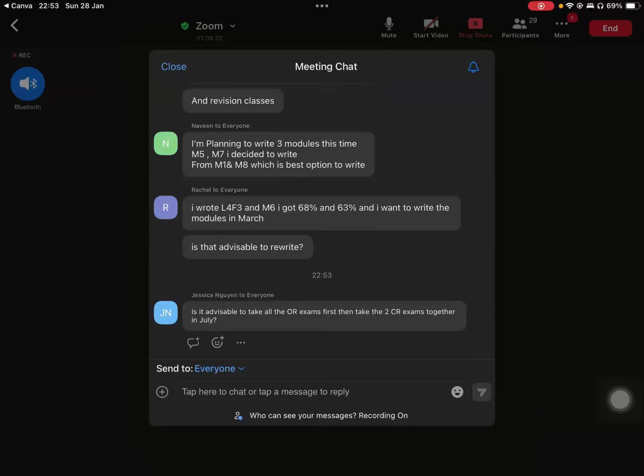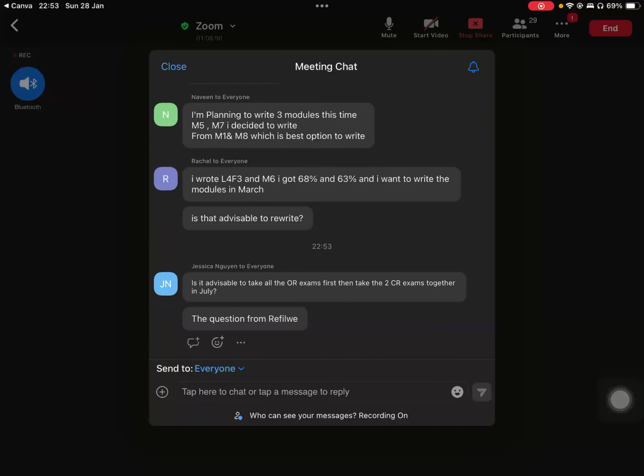M5, M7, and I decided to write from L1 to M8, which is the best option. With Navin, you are only taking on M5, M7, so it is already very challenging.